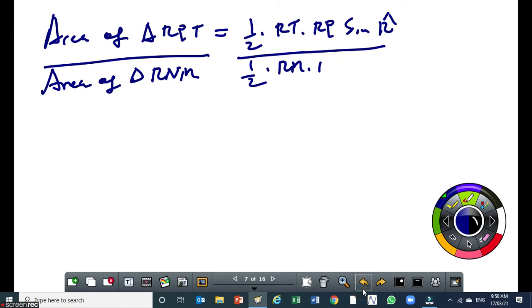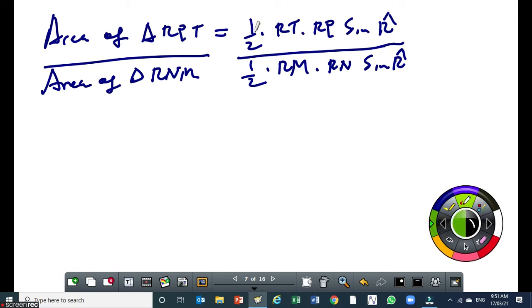Let me rewrite it nicely. This is Rm times Rn sine R. Okay? You following? I'm using the area rule from grade 11. Fortunately, these two will cancel, those two will cancel.